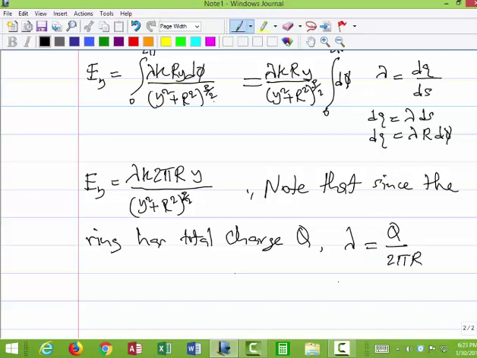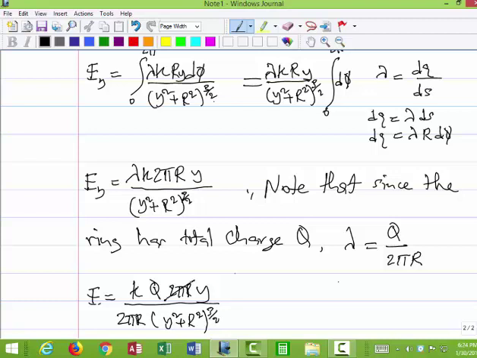So the charge density is the charge per unit length, which is total charge q over length 2 pi r. So we can replace that in that formula there, and we shall have lambda, which is q over 2 pi r. So we shall have k times q, and then we have 2 pi r times y, and divide that by 2 pi r, and then we have y squared plus r squared raised to 3 over 2.